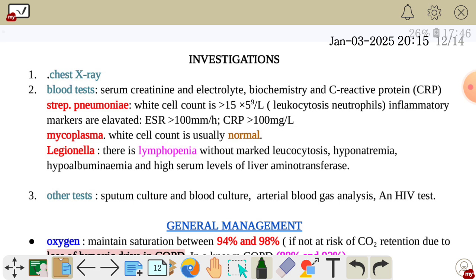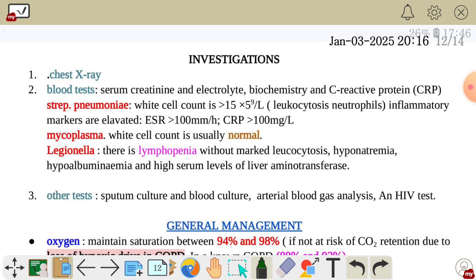ESR will be greater than 100 millimeters, and C-reactive protein will be greater than 100. If you observe this, then just know that it is Streptococcus pneumoniae. For mycoplasma, the white cell count is usually normal.